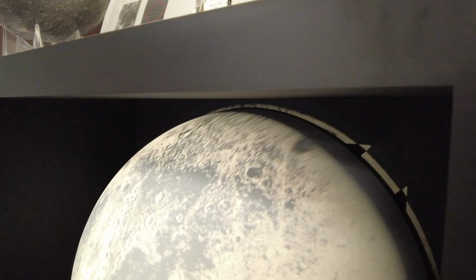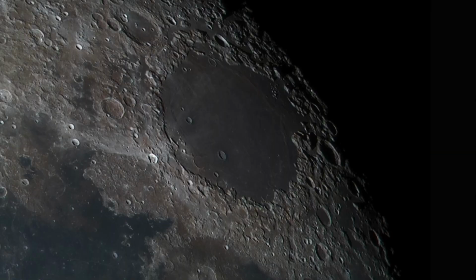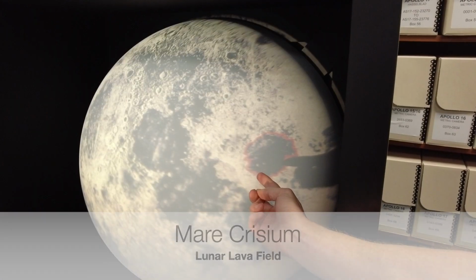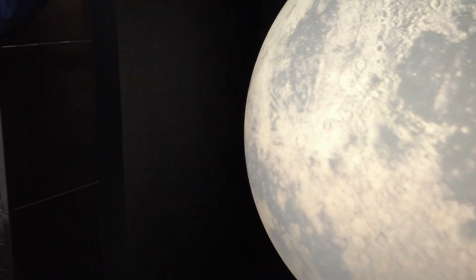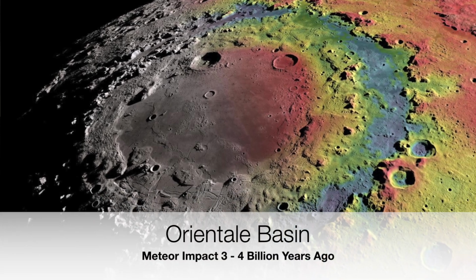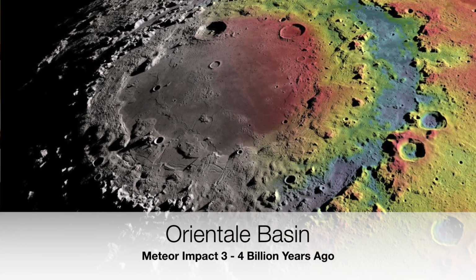Outlined in red here, there's Mare Crisium, one of the lava fields on the lunar surface. There's also, right down at the very bottom at the edge, another red area outlined, and that's the Orientale Impact Basin. Now the Orientale Basin is very hard to identify as an impact basin in this perspective, but if you rephotograph it from directly overhead, you can start to see that it's this giant circular feature about 900 kilometers across.